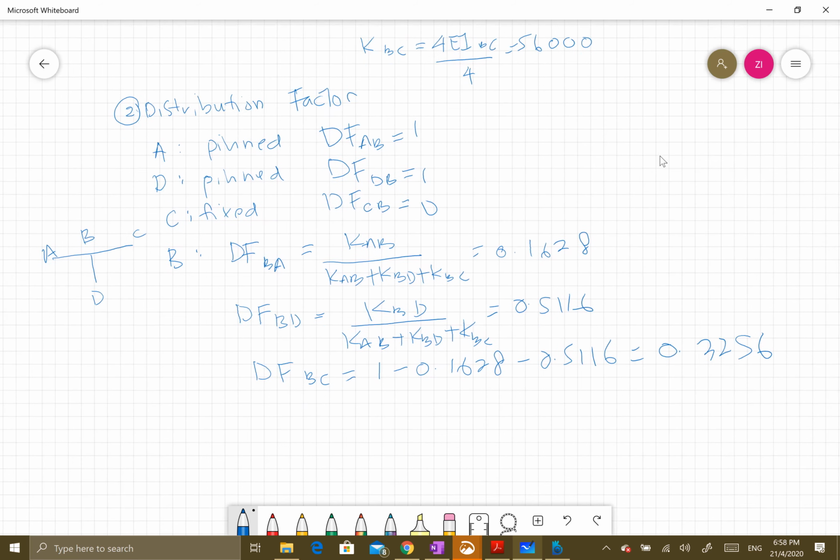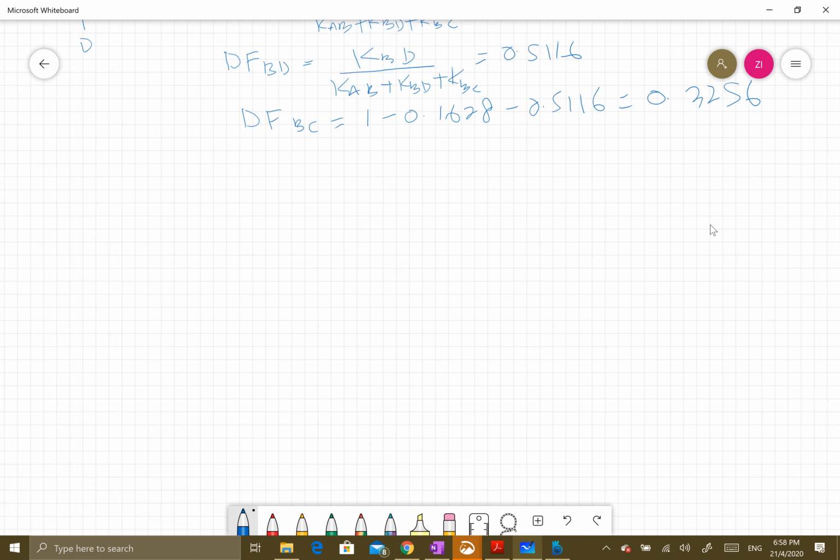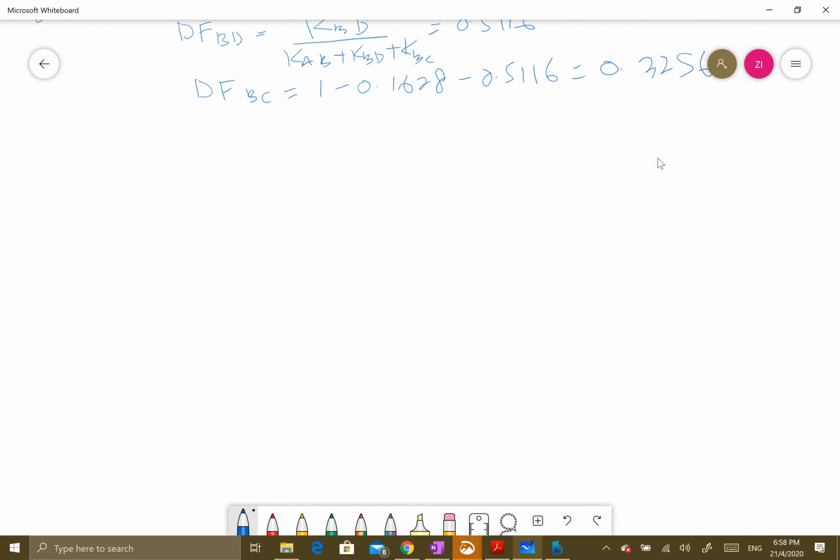Alright. So now we continue to the third step, which is the calculation of FEM. Okay. So for FEM AB equals to 0 because it's a pin, same as FEM DB, also 0 because both are pin.